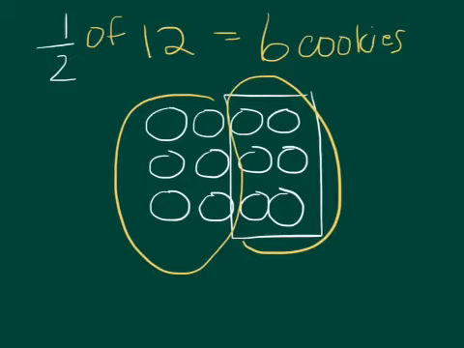Okay, so let's look at that same piece. Make a new one, and we'll start again with 12 cookies. Erase this one here. Make it over here. So let's say that I have the 12 cookies, but this time I want to share a third of it. A third of 12. Okay?